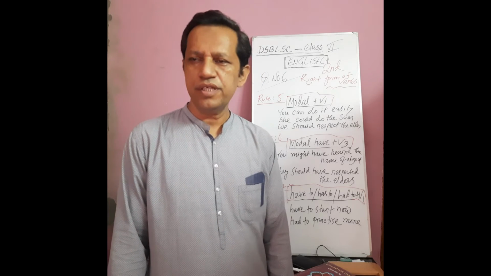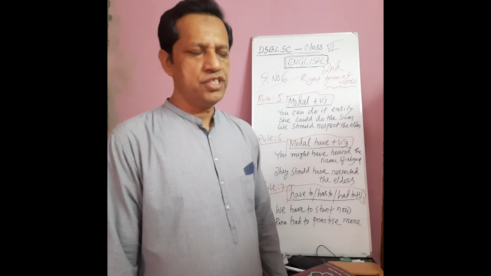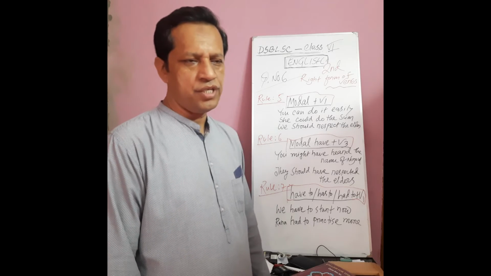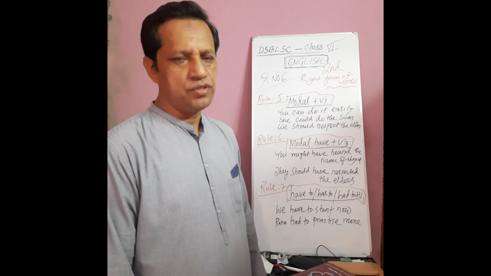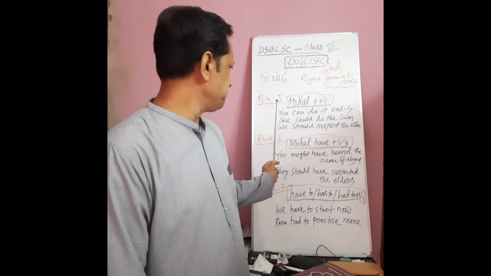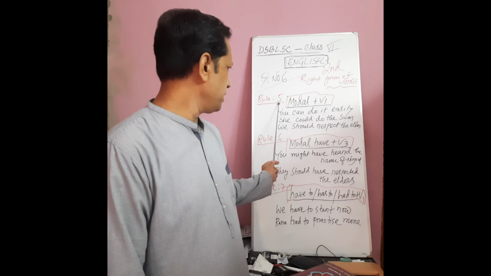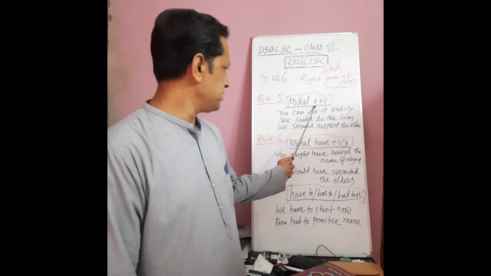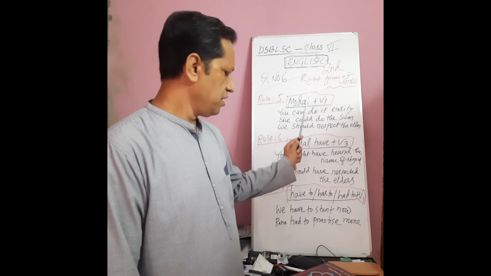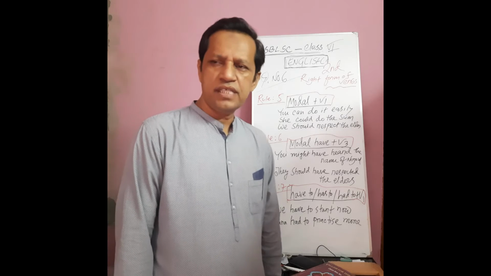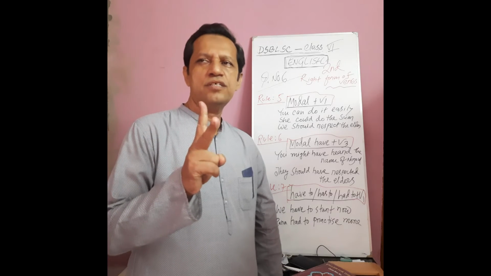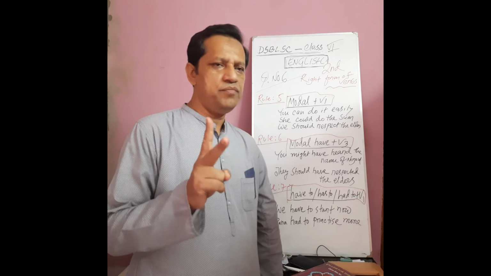So today we like to discuss about right form of verbs, more rules. Today we will discuss about 3 rules. Rule number 5. You see, I have written modal plus V1. Here you know that there are 2 types of verbs. One is modal verb, another is main verb.